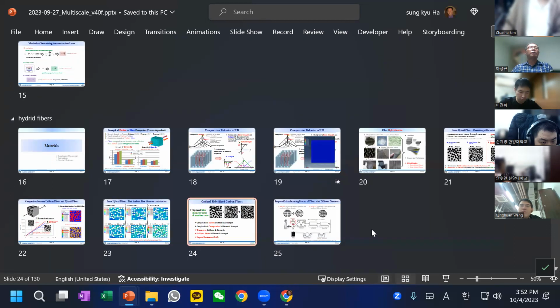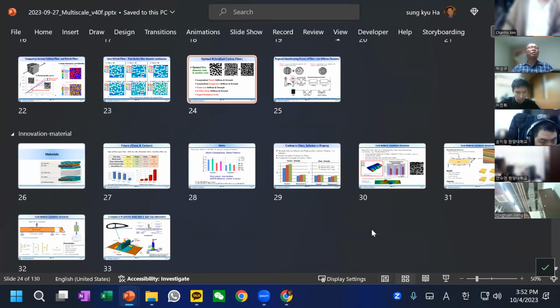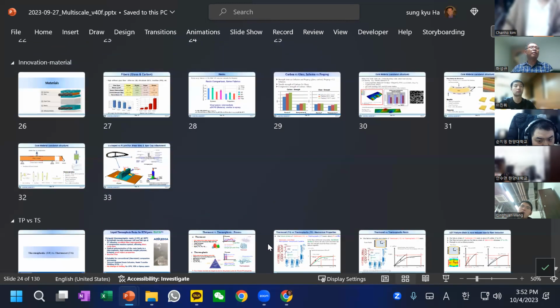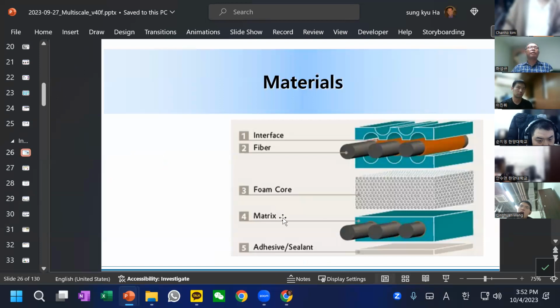Now, as a designer of composites, how can we design structures with the understanding of all these composite things? Again, through composites, the structure can be very light.